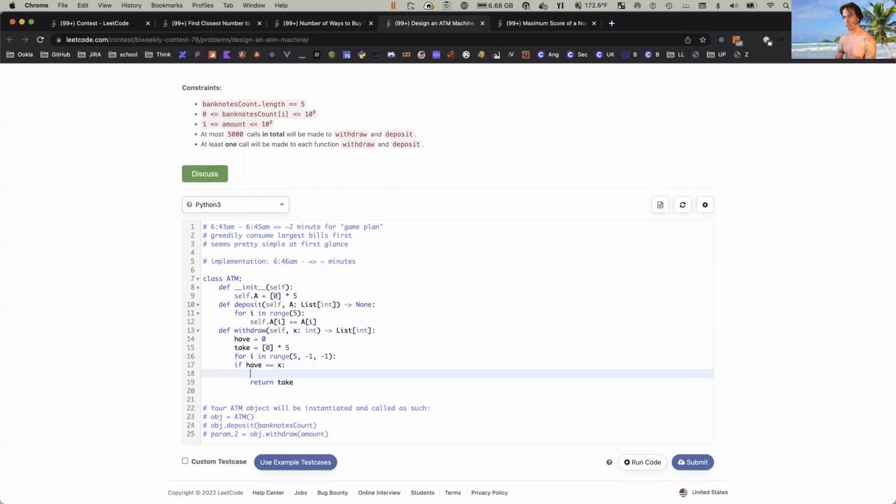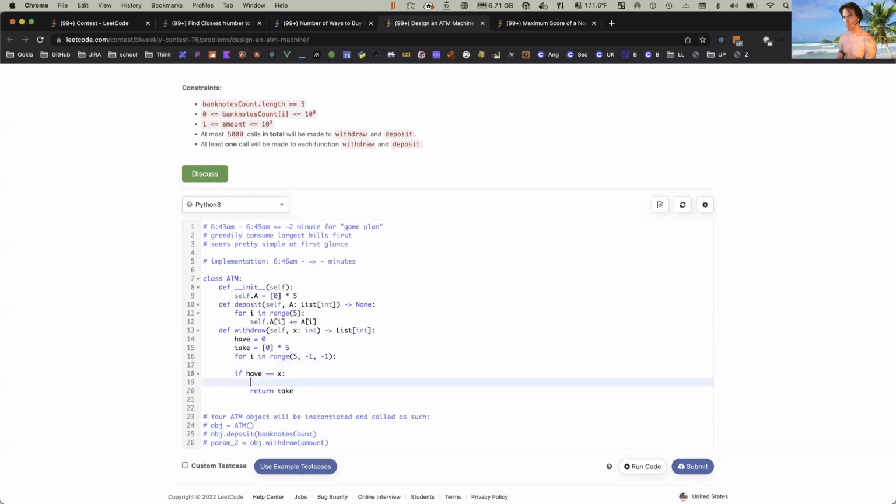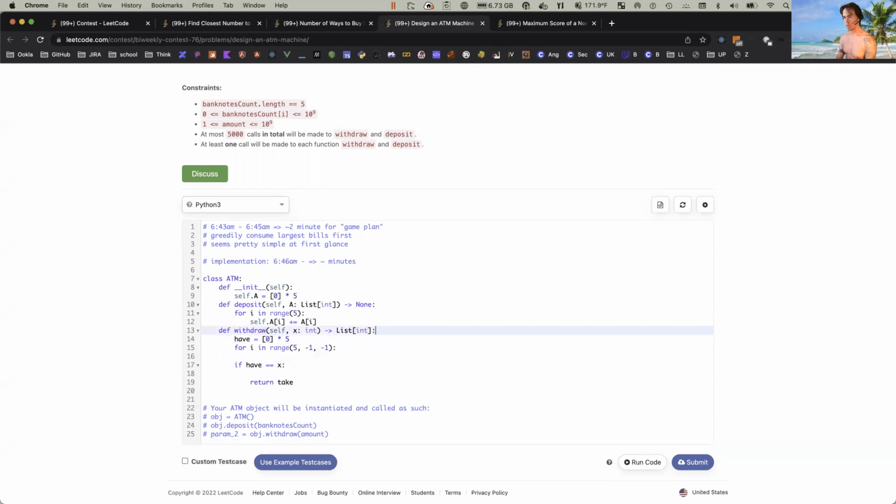Return take after we update self.have. How about what we have? If the sum of what we have is equal to x, then return what we have after we subtract what we take.